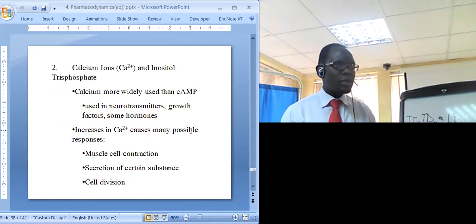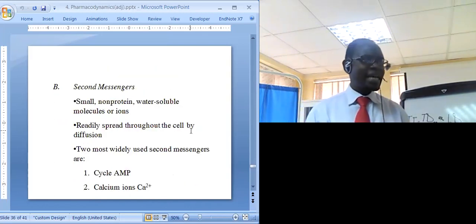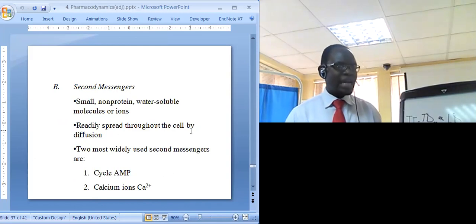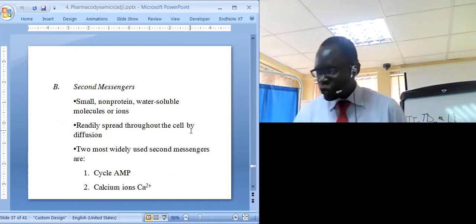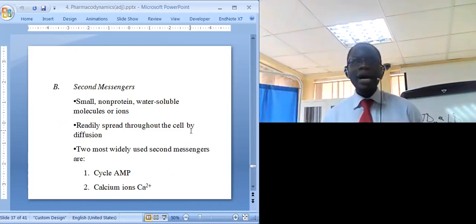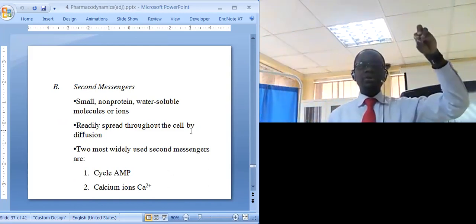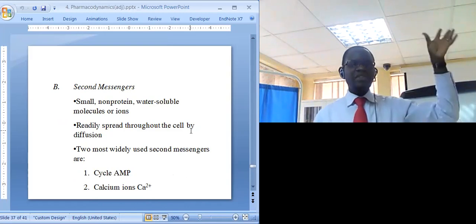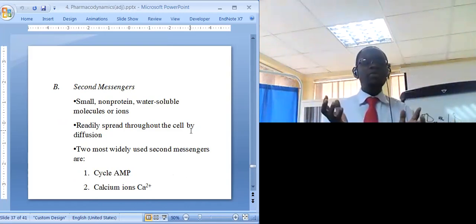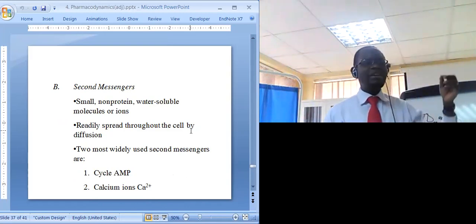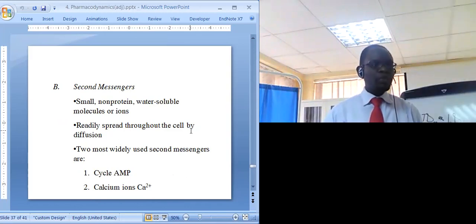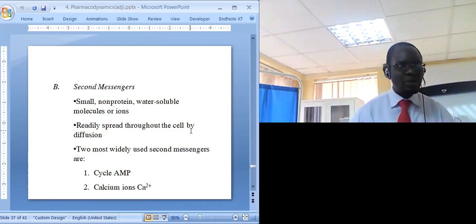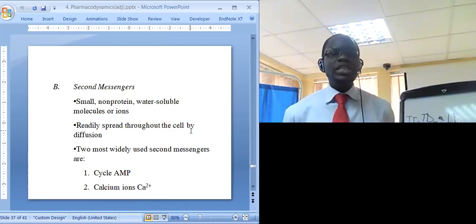Let's talk about what we refer to as second messengers. Maybe I should tell you that once a drug binds to a receptor, for example, let's take the G protein linked receptor, it is not the one that will produce all the changes.